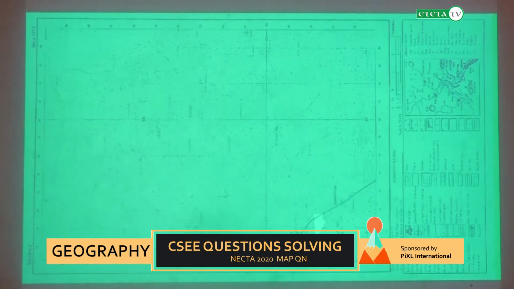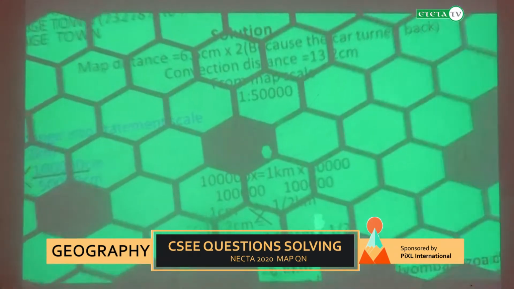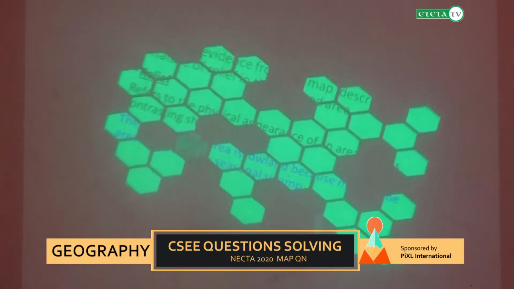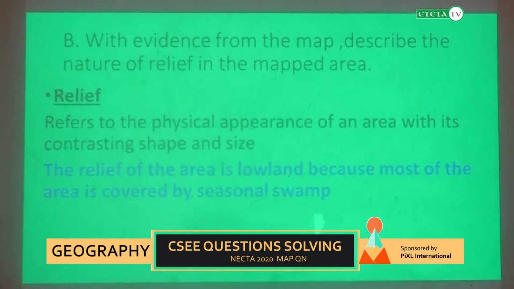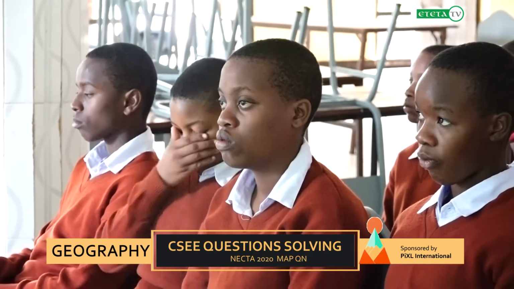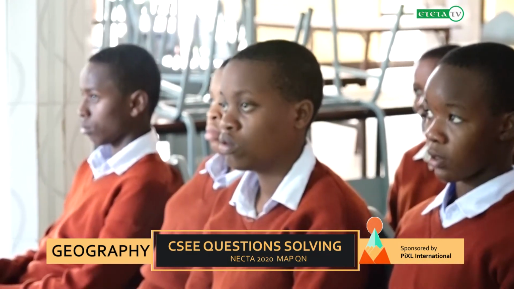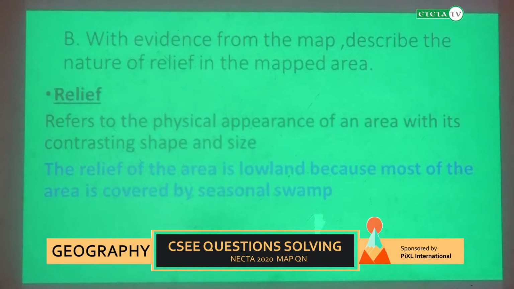If that is the case, then the correct answer for this question will be: first of all, you have to define relief refers to the physical appearance of an area with its contrasting shape and size. So here, the relief of the area is lowland.